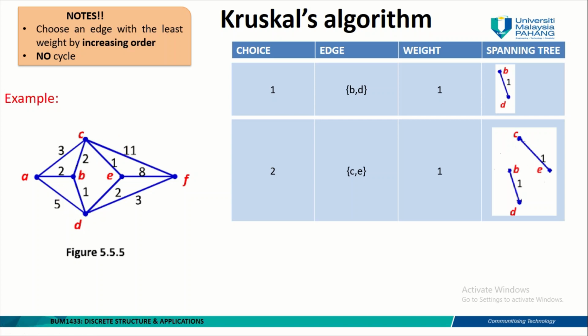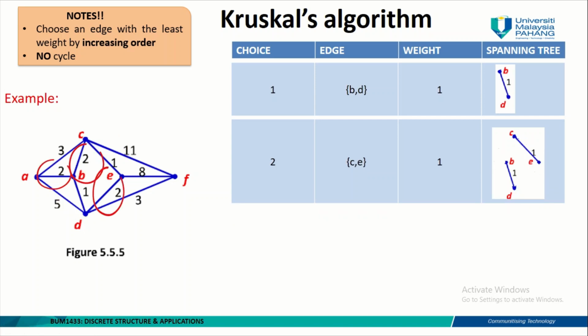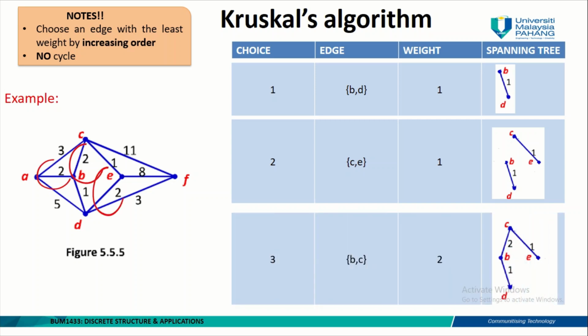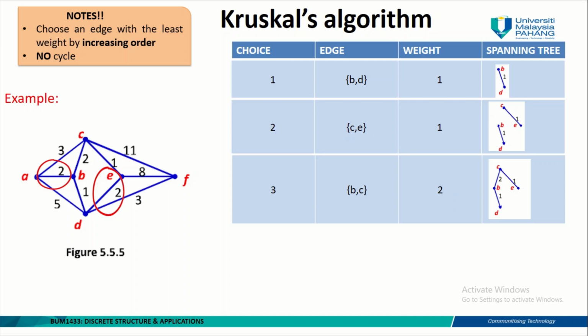So for the next one, the least edge weight is 2. We can see the edges that have weight 2 are AB, BC and DE. So we can choose either one. Let's say I choose BC first. So we draw BC here in our spanning tree. For our fourth choice, we are left with AB or DE at the wedge 2.